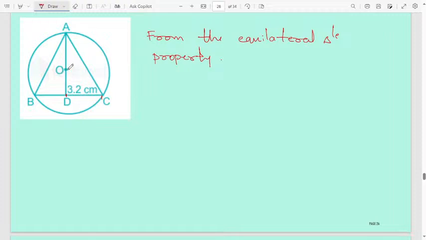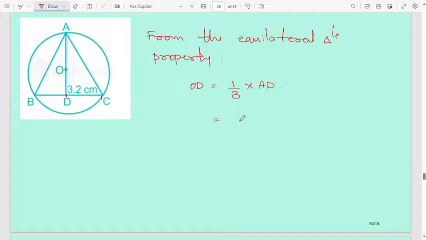O here acts as a circumcenter and centroid, therefore OD will be equal to one third of AD. This is the OD length, equal to one third of the length of AD. According to the equilateral triangle property, the circumcenter acts as the centroid, so OD is 1 by 3 into AD.